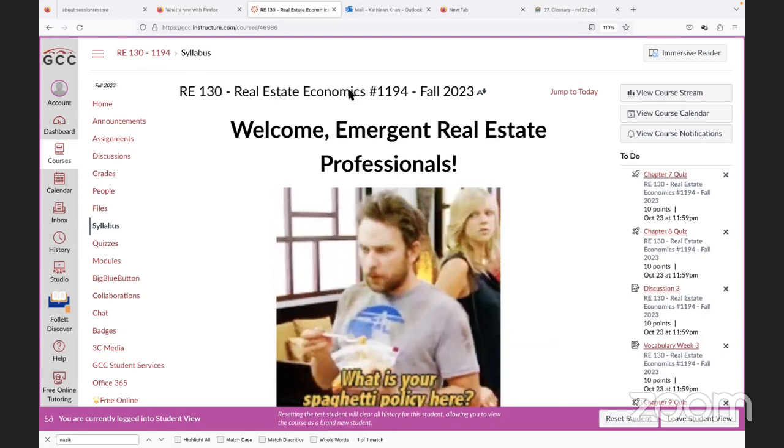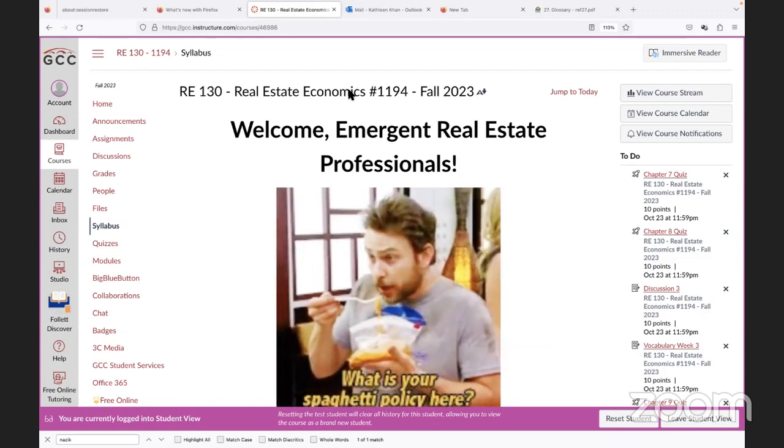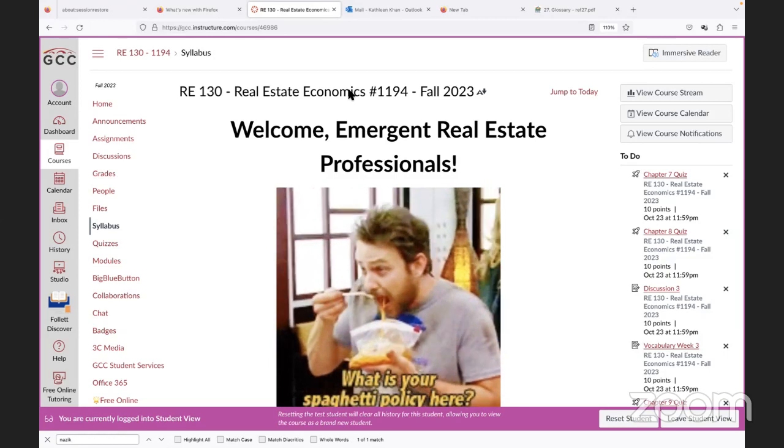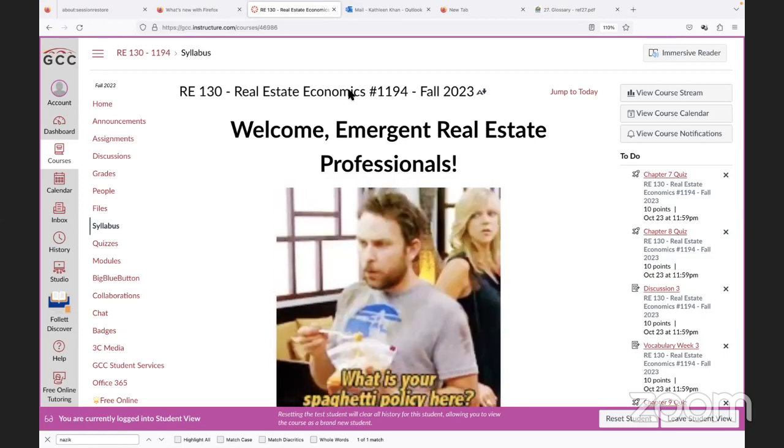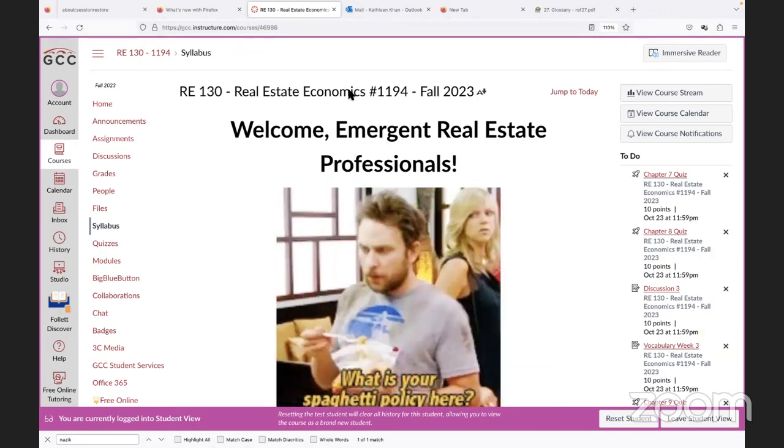Now, the California Department of Real Estate is one government agency, right? And they have one set of terms and they have one glossary. And I will piece parts of that glossary over all of my real estate classes.